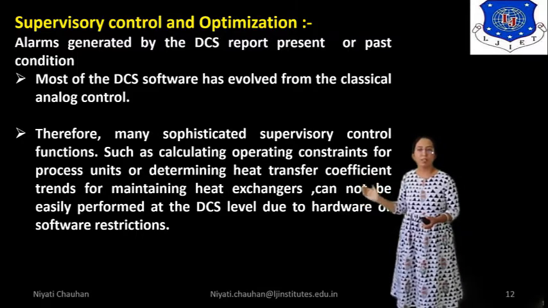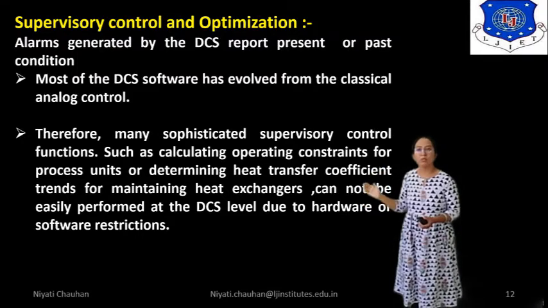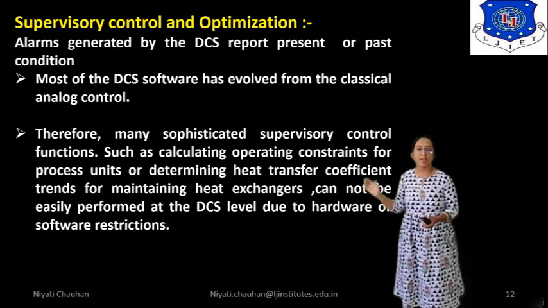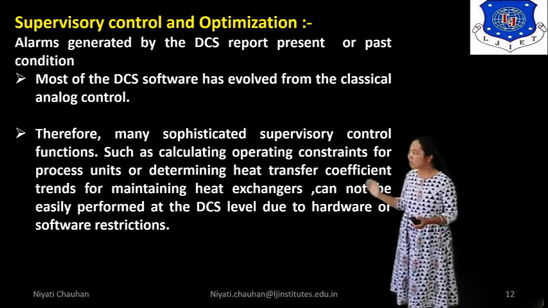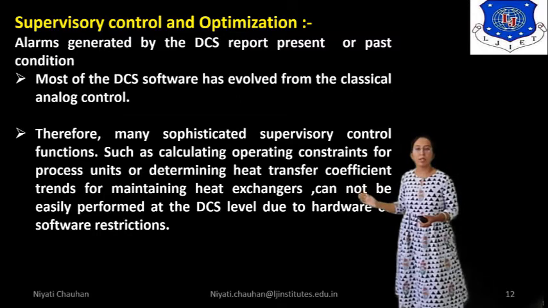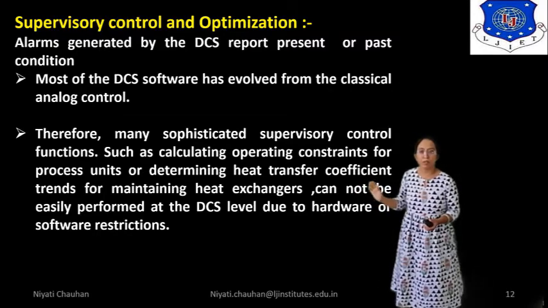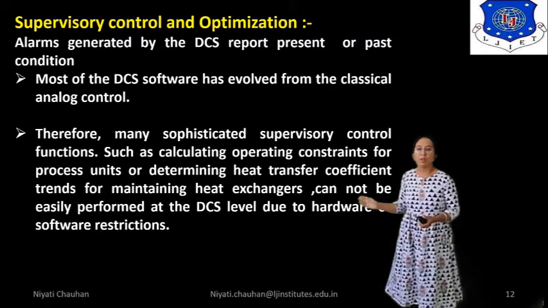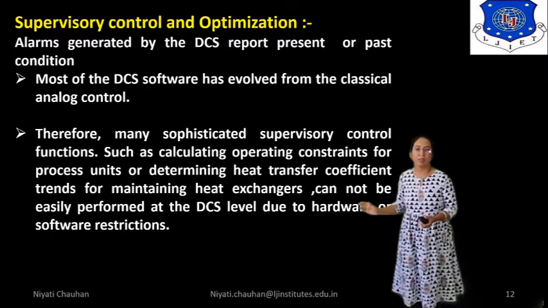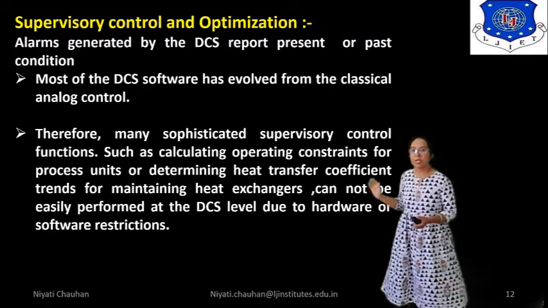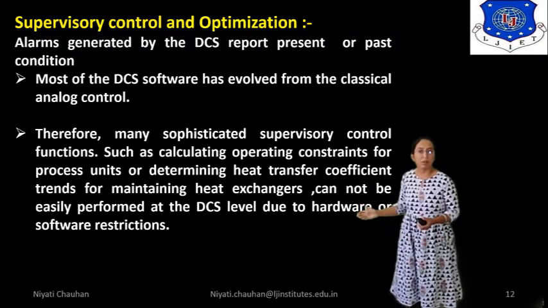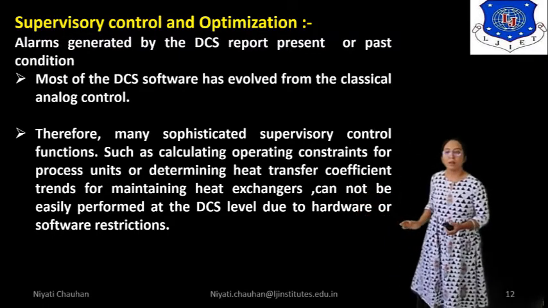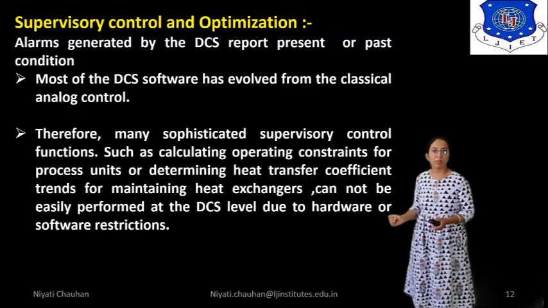Therefore, many sophisticated supervisory control functions, such as calculating operating constraints of process units or determining heat transfer coefficient trends for maintaining heat exchangers, cannot be easily performed at the DCS level due to hardware or software restrictions.